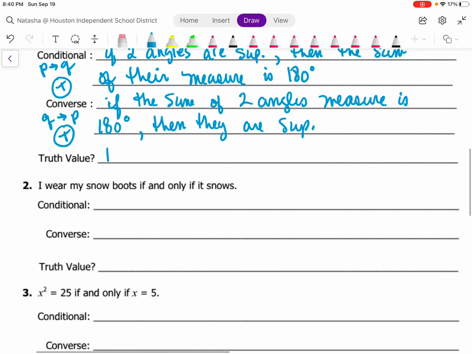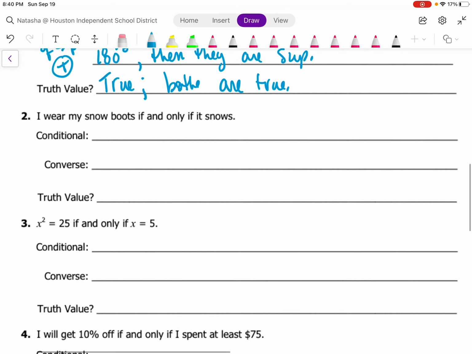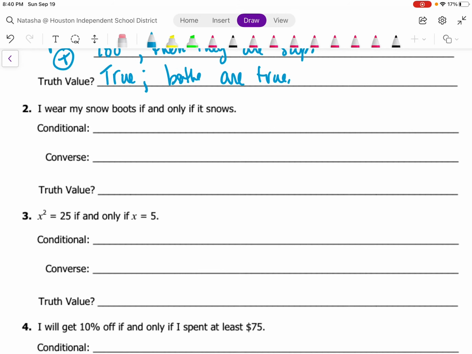This is also true. Both are true. Okay, so now let's look at another example.